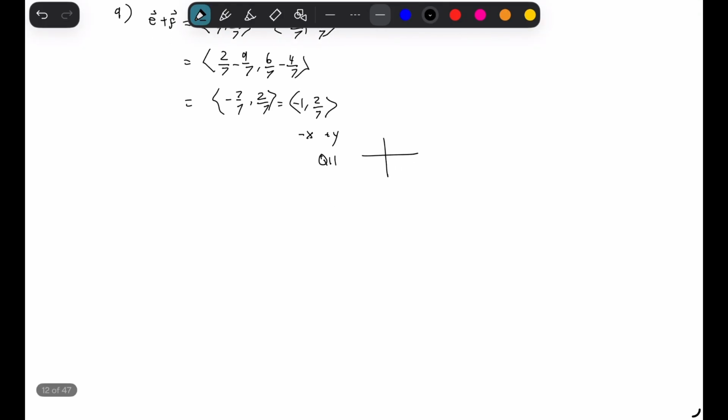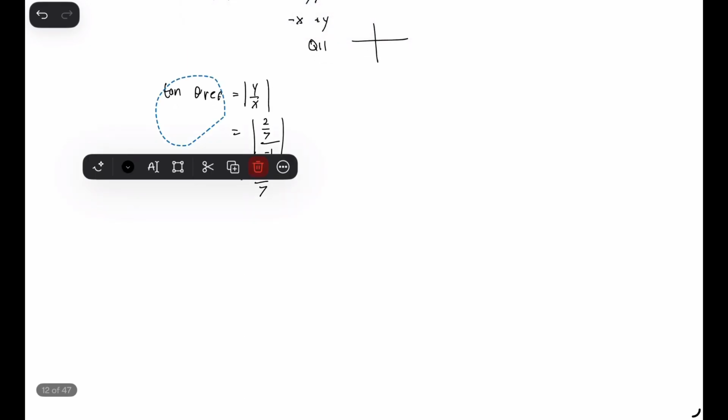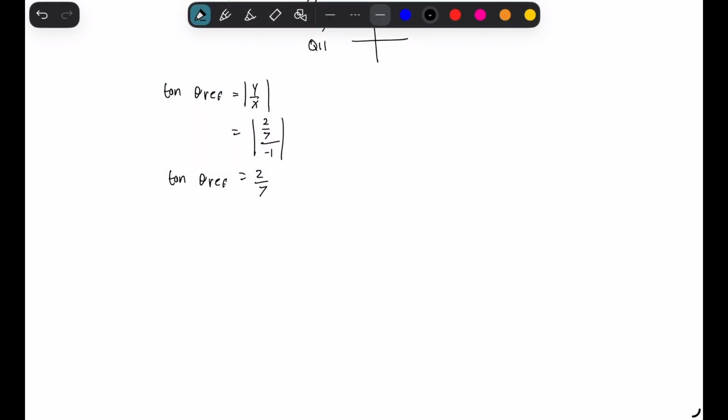So that means when we find theta ref, that's the absolute value of y over x. Then you need to take the inverse tan.